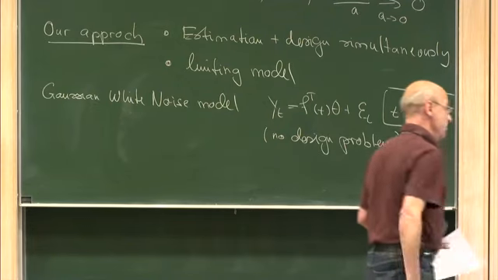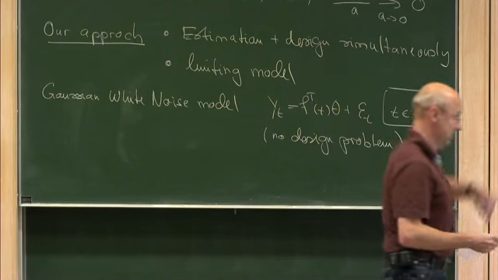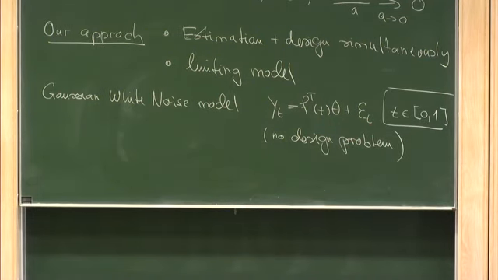I don't put an index BLUE, though if I had transparencies I would. So the BLUE is C inverse times a stochastic integral from 0 to 1 of f dot, the derivative of f at s, a vector, times dY_s.